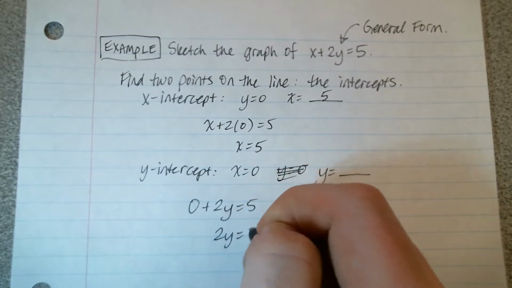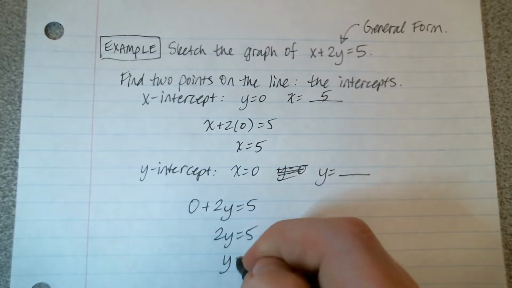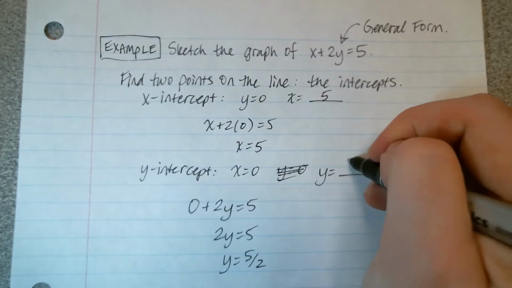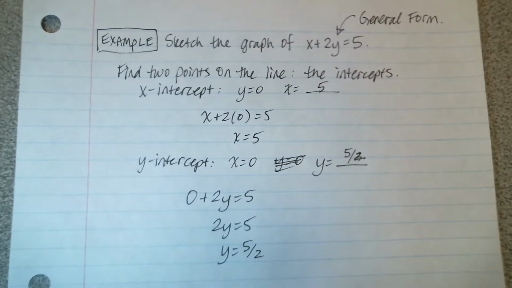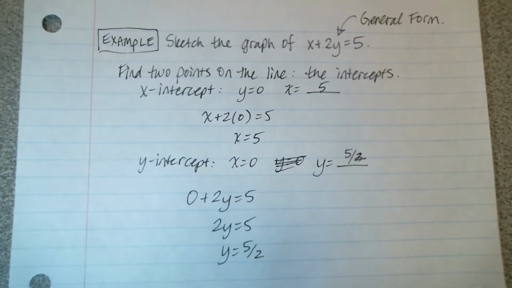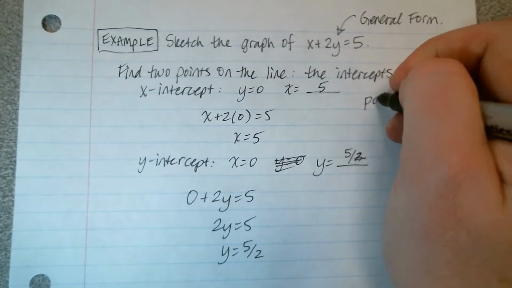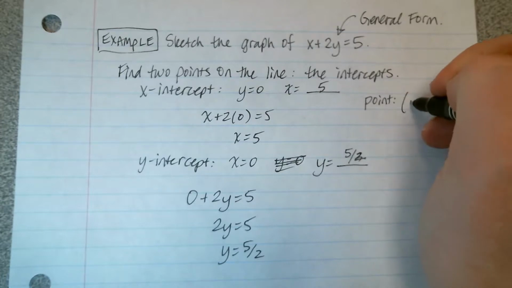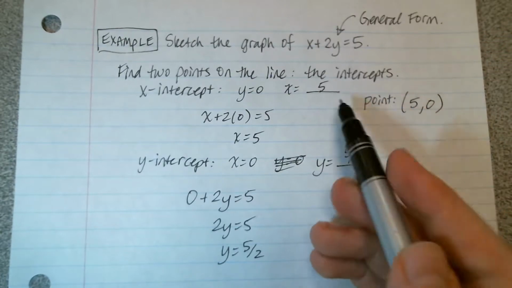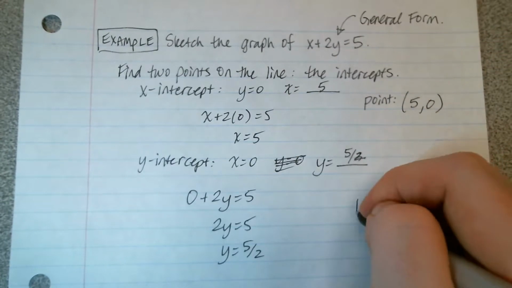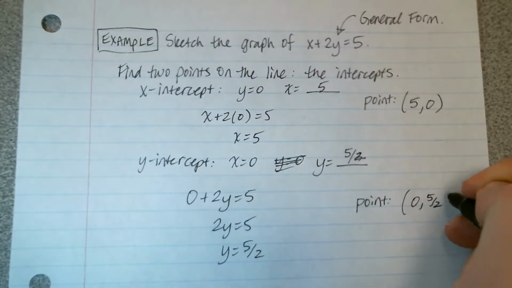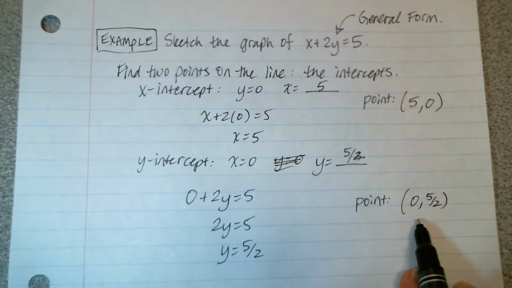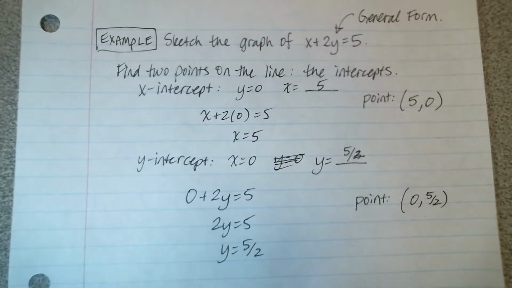So 2y equals 5, divide both sides by 2, y is 5/2. Okay, so now that tells me that the points (5, 0), x then y, and the point (0, 5/2), both these points are on the graph of this line.